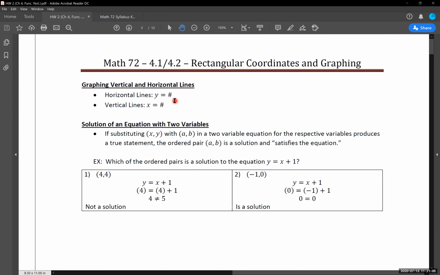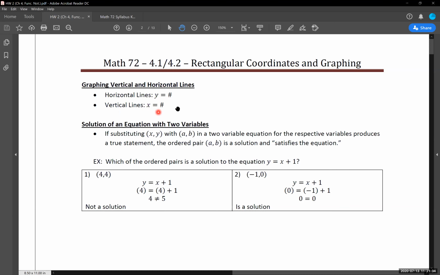It could be a positive, it could be a negative, it could be 0, it could be a fraction, it could be a decimal, any combination of those. But a horizontal line is always going to be of the form y equals a number. Same thing with a vertical line. It could be a positive, negative, 0, fraction, decimal, whatever. But the only difference is it is going to be of the form x equals a number.